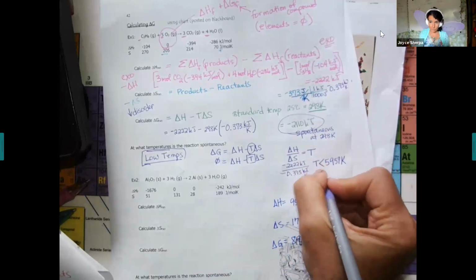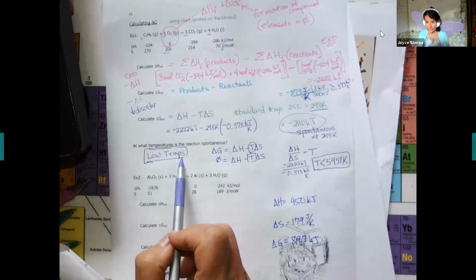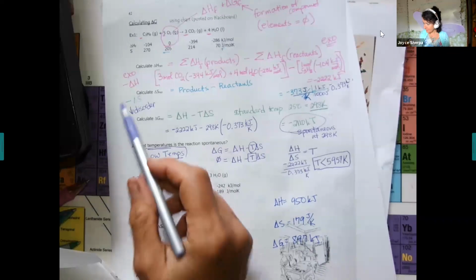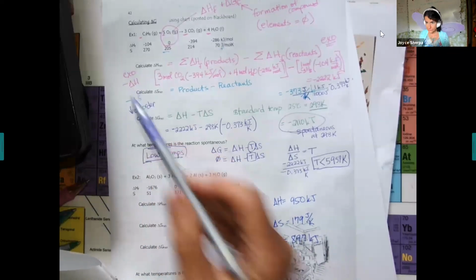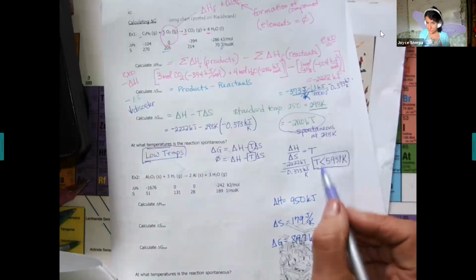So when I say at what temperatures, first state low or high, all or none. If it's an all or none, you're not going to go through the math. If it's an all or none, you would get a negative temperature, and you can't have a negative Kelvin. But if the signs are the same, you can actually solve for the temperature. And then you don't want to put an equal sign. You would say temperature is below this.